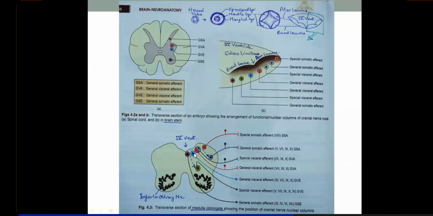Now look here, this is an autonomic efferent pathway to the smooth and cardiac muscles called general visceral efferent. So it will provide parasympathetic fibers to the 3rd cranial nerve, and this will be subdivided into different groups of nuclei, like the Edinger-Westphal nucleus, superior salivatory nucleus, inferior salivatory nucleus, right?